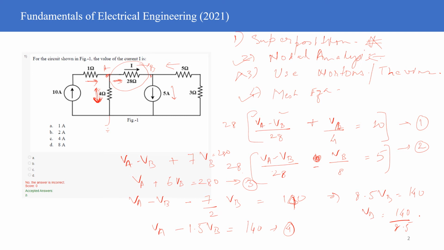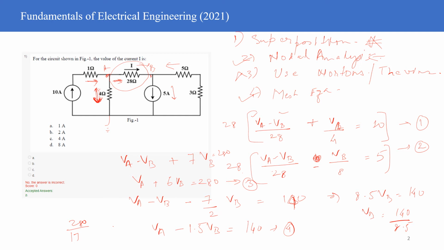Guys, if you have a calculator, please feel free to calculate here and tell me the answer. So 140 divided by 8.5 is 16.4, 280 by 17. Similarly, VA can be evaluated as 280 minus 280 by 17.